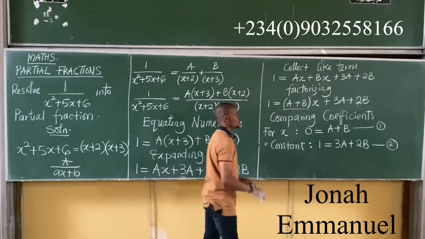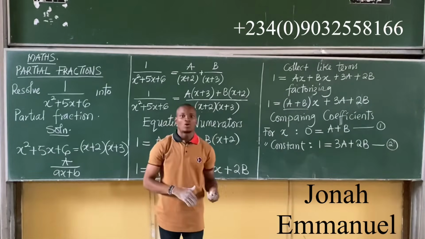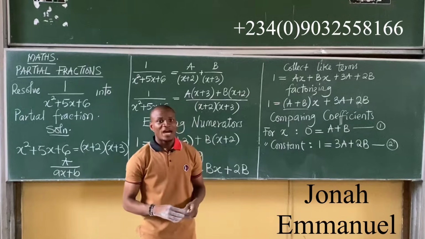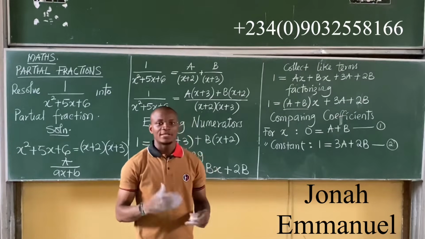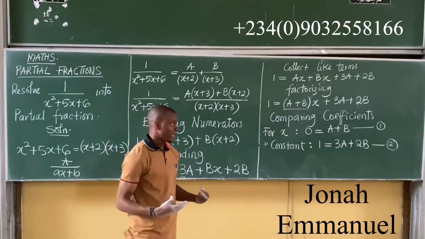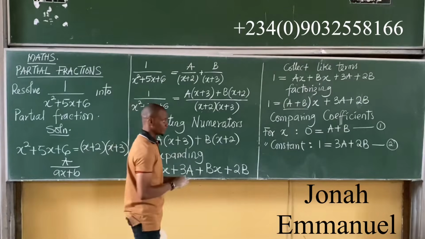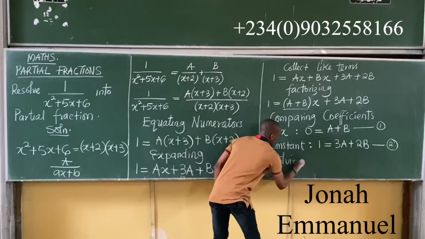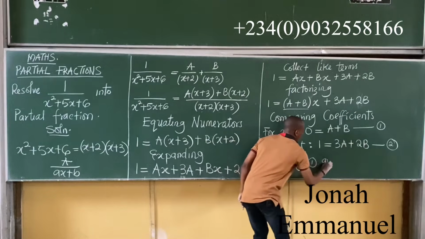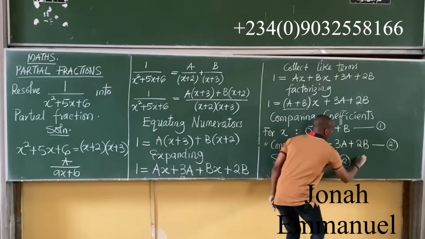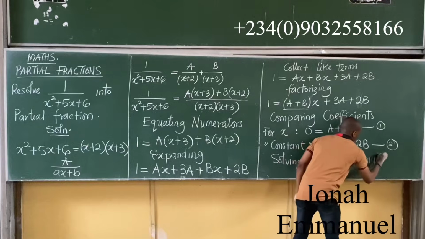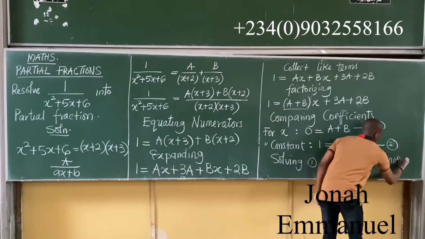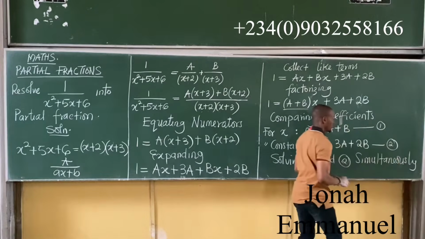So I now have two equations, equation 1 and equation 2. I'll have to solve equation 1 and 2 simultaneously to get the value of a and b. So, solving equation 1 and 2 simultaneously, what do we get?